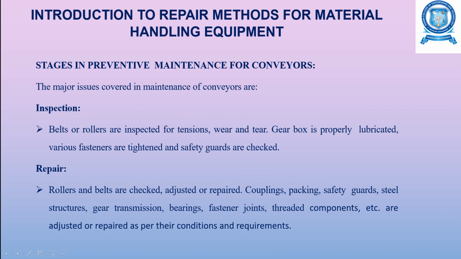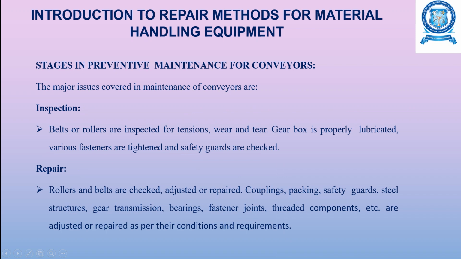And the stages in preventive maintenance for conveyors. Here you have the first stage as inspection. Belts or rollers should be inspected for tension, wear, and tear. And the gearbox should be inspected for proper lubrication, various fasteners should be tightened, and safety guards should be checked.